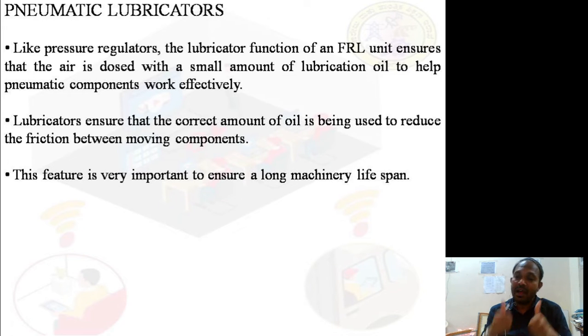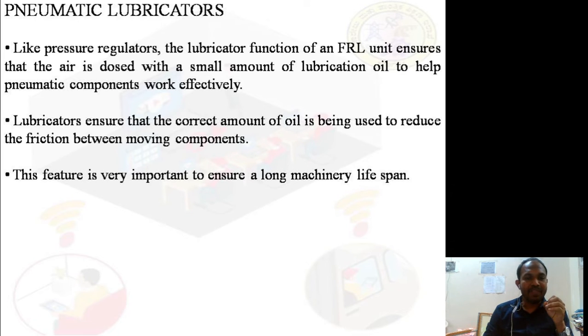Lubrication is required, and it should be effective and should not turn into over-lubrication, so that there is no formation of a gel-like structure which mixes with the moist air and troubles the movement of air in the pneumatic systems.